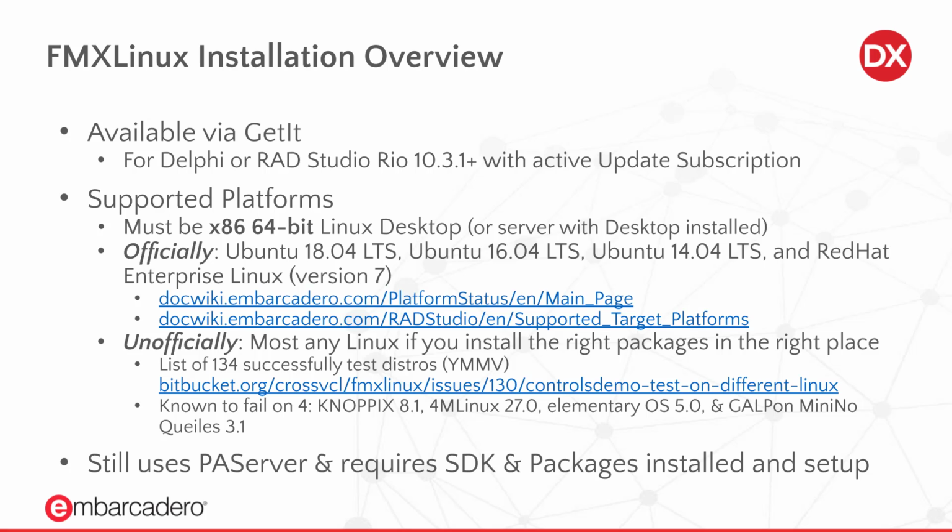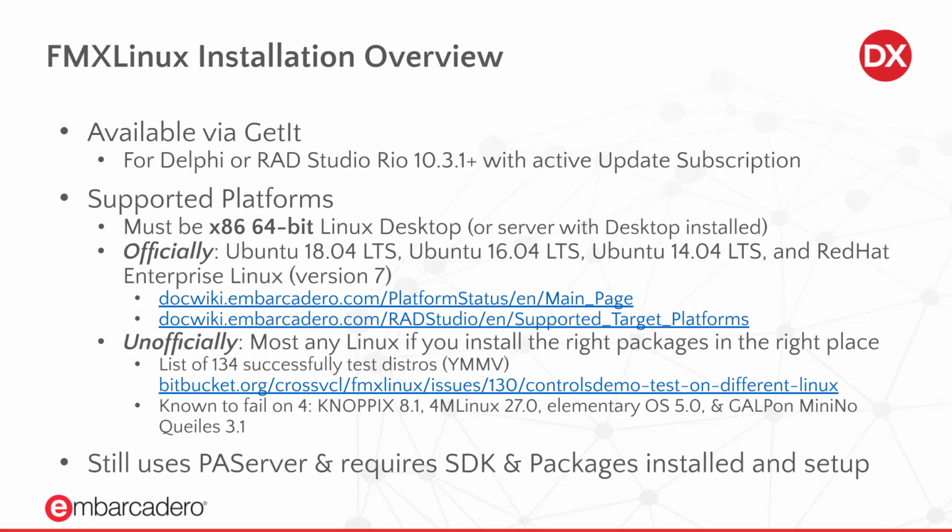Now, someone's probably going to prove me wrong and figure out a way to do that. That's fine, but the point is, you're going to want to have a Linux desktop installed to deploy this to. Officially, the platforms that are supported are Ubuntu 18 LTS, 16 LTS, and 14 LTS, and Red Hat Enterprise Linux 7. There are pages where you can go to find out more information on what platforms are supported.